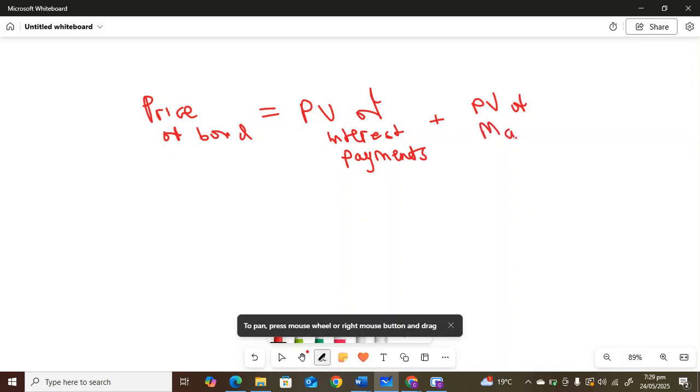So usually for a bond, the face value is what you'll be paid when the bond matures, most of the times.